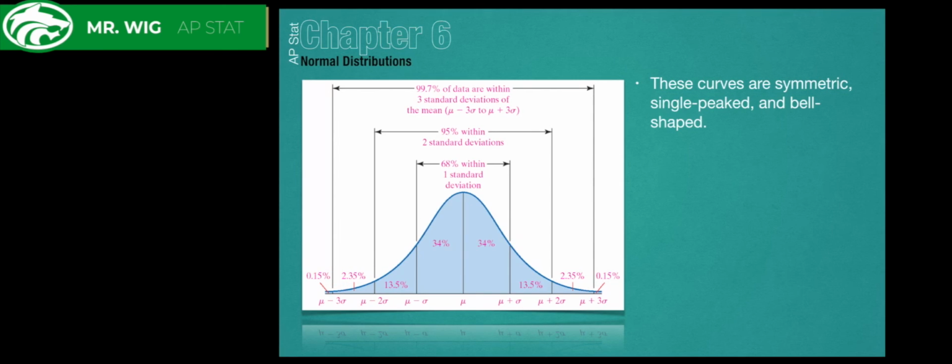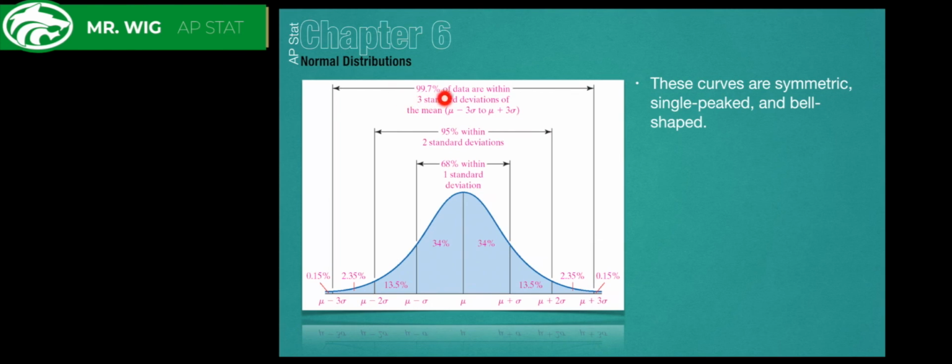If I go all the way out to three standard deviations on both sides, that's a really far distance away from the mean. This is outlier territory. And technically, for normally distributed things, we use two standard deviations away. If it falls outside of two, we say it's unusual. If it's outside of three standard deviations, we say it's an extreme value, kind of like how we defined outliers and extreme values earlier.